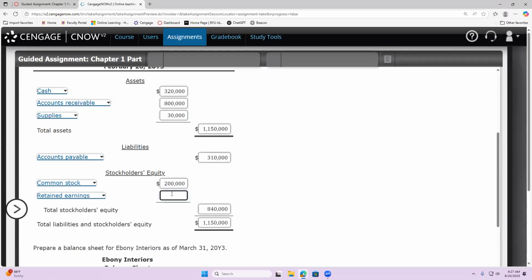So this plus X equals this, 640,000. So what does this tell me about them? That they've got $1,150,000 in assets. 310,000 of those assets are funded with debt, and the remaining 840,000 of those assets are funded by equity, or what the owners own. Okay.